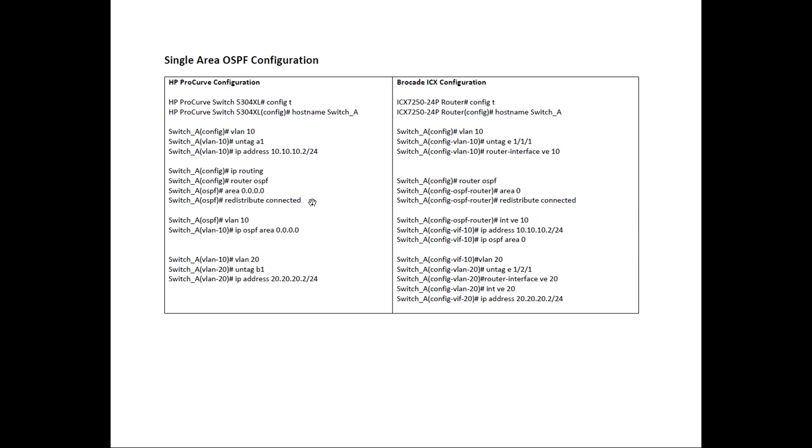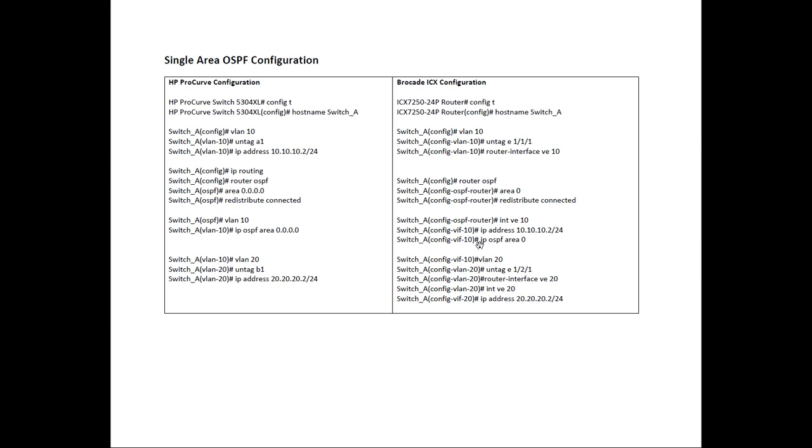They want to redistribute those connected interfaces into OSPF. So our equivalent, we go to router OSPF, we do an area 0. I could do a dotted decimal format as well. Either way, you can do whichever one you want. And then a redistribute connected. So pretty much absolutely identical, other than I don't need the IP routing.